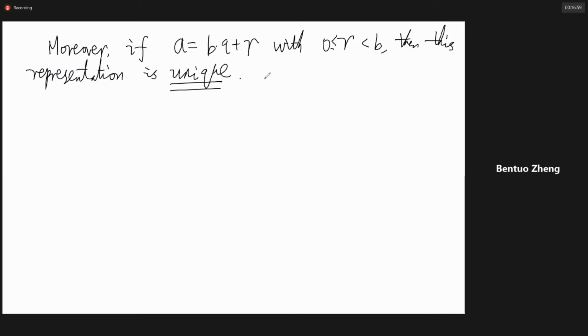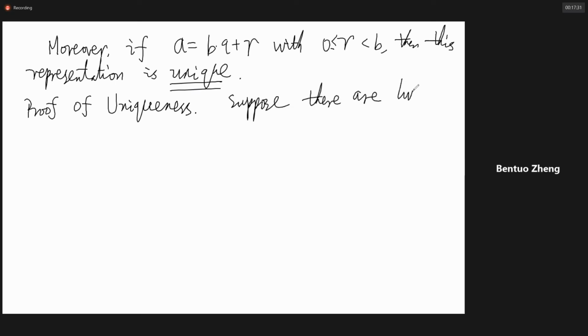Okay, so let's prove it. Proof of uniqueness. We'll prove that if we have two different representations, then these two representations have to be the same. So suppose there are two representations.